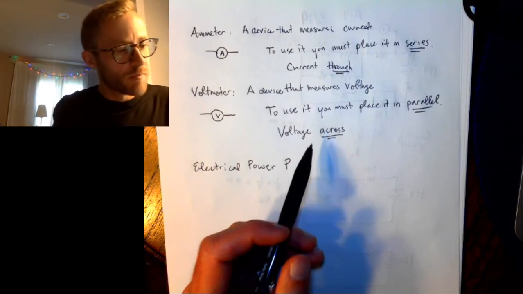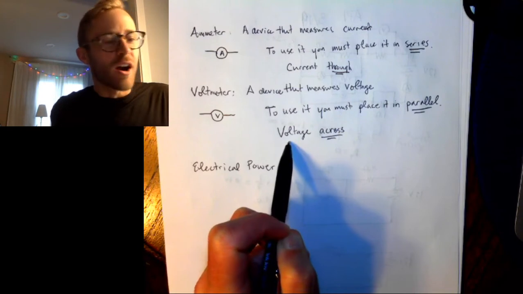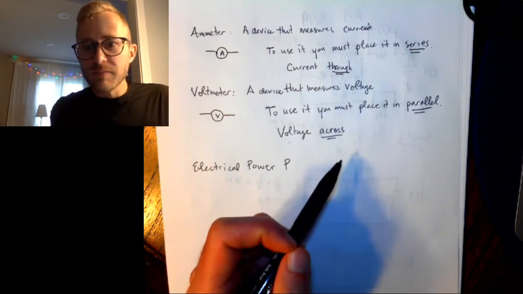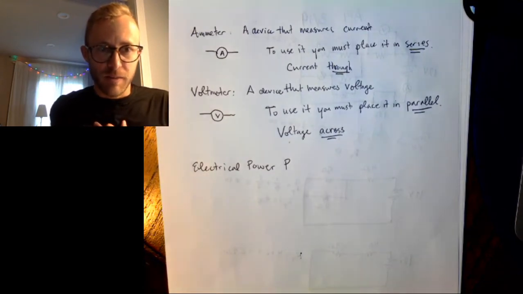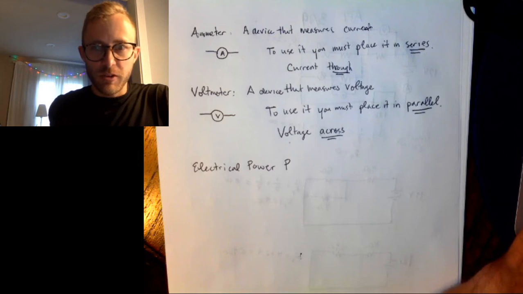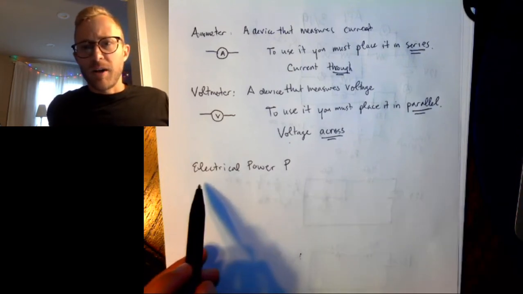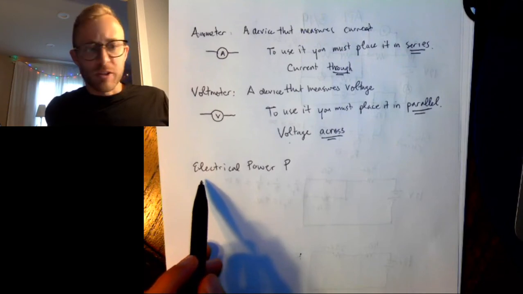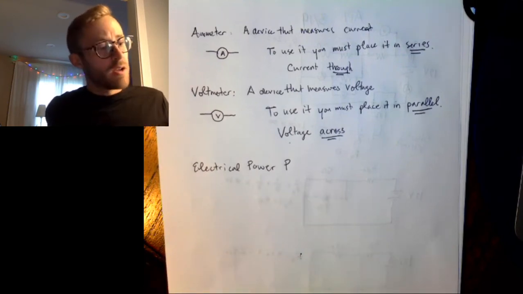So we always say the voltage across the device. So it's the voltage across the 7 ohm resistor or something like that. Okay? So what I was saying is that electrical power is going to be the next thing that we talk about.